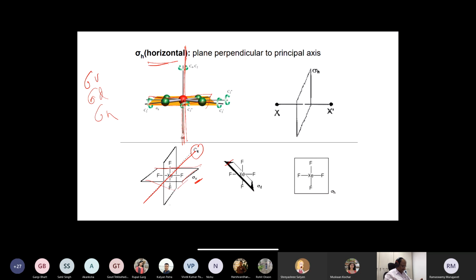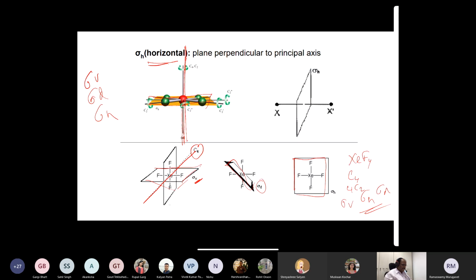This plane is sigma d, and this plane, which is the plane of the paper, is sigma h. So xenon tetrafluoride has a C4 axis, 4 C2s, sigma v, sigma h, and sigma d. I'm not adding up any of this, I'm just telling you that you have to identify the symmetry elements in each of these molecules.